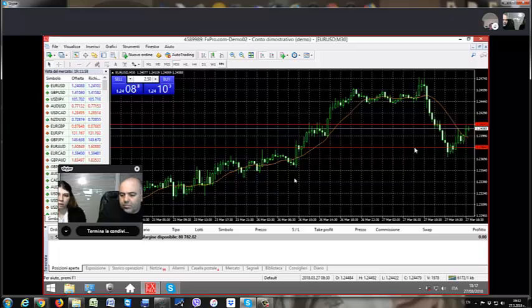Usually on TradingView, I used to say that if I do not have a trading range, I will use a hypothetical trading range.